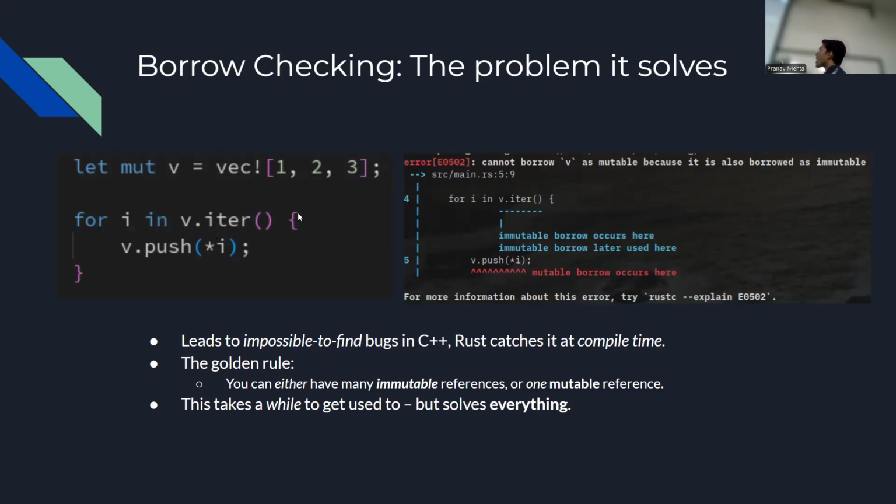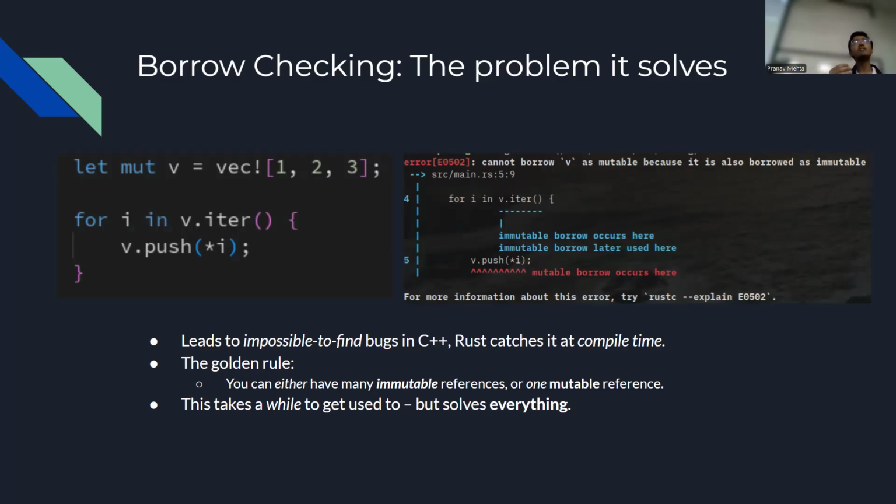And the way Rust solves it is by very strictly enforcing a rule. The rule is that you can either have many immutable references or you can have a single mutable reference. What I mean by that is that when you create a reference in Rust, you use an ampersand symbol. If you use just the ampersand symbol by itself, it'll be an immutable reference. If you write ampersand mut, then it'll be a mutable reference.